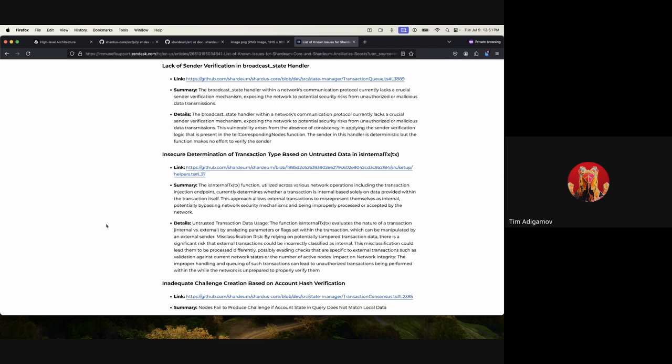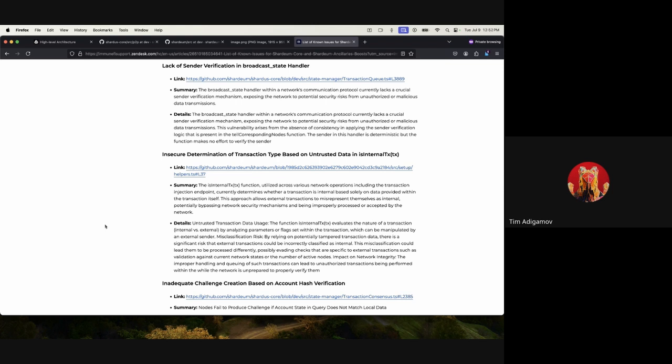The nodes in the execution group receive account states using this broadcast state message, which is sent by the source nodes which store the source accounts to the execution group nodes.